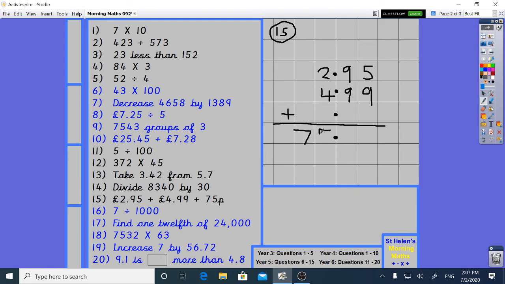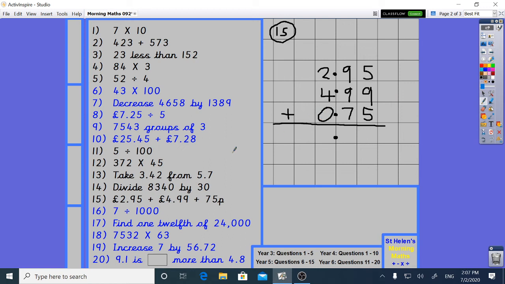Does it go here? No, because it's not 75 pounds. It's 75p. It doesn't go there anyway, because that's the answer, isn't it? But it goes here, 75 in the pence area. All the pence is here, after the decimal point. All the whole pounds are before. So you have to line up that 0.75.